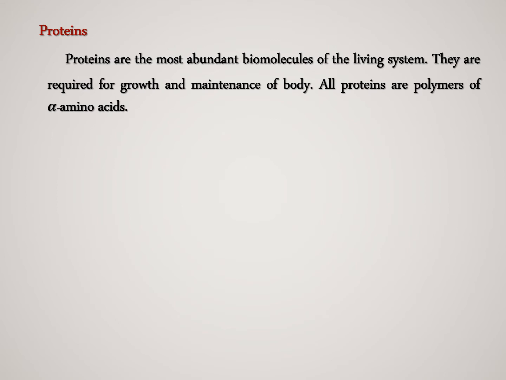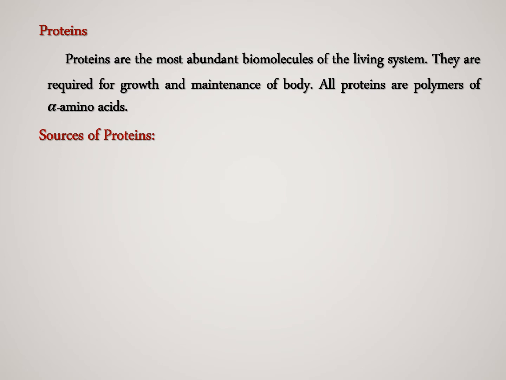That is why the word proteos was used to name this class of biomolecules, and the terminology is therefore called proteins. Now, all the proteins are considered as the polymers of alpha amino acids.